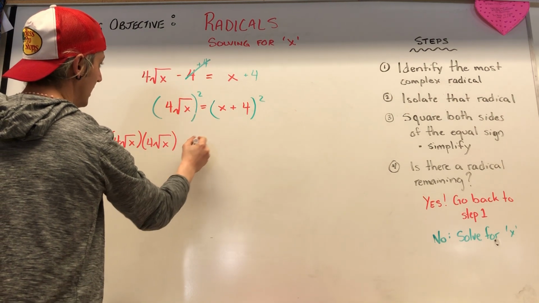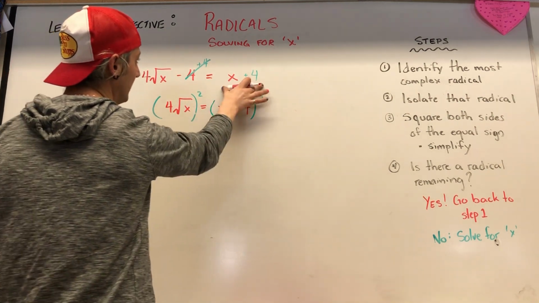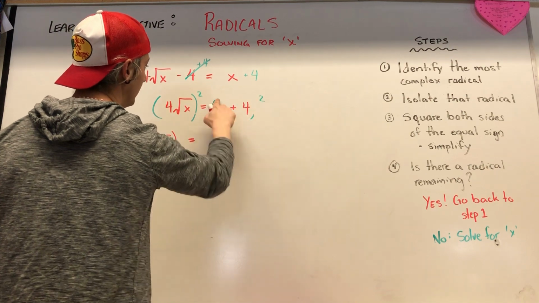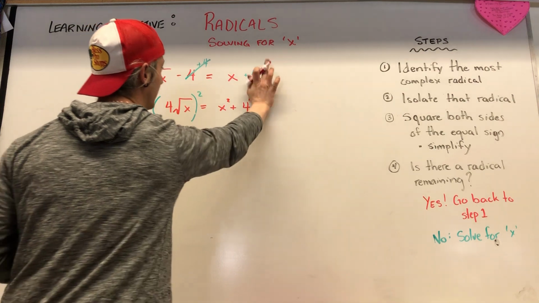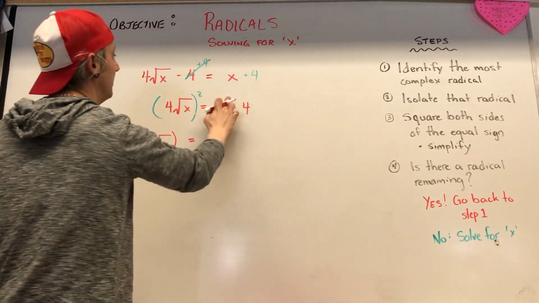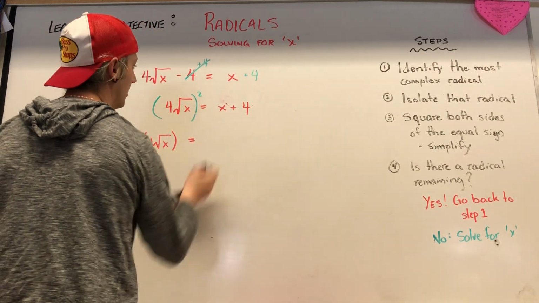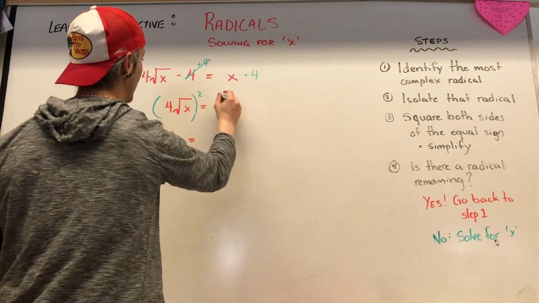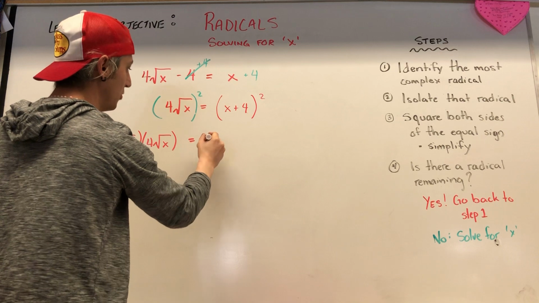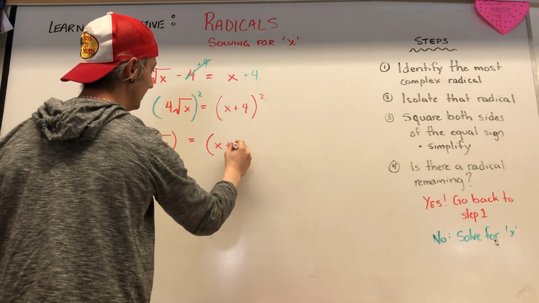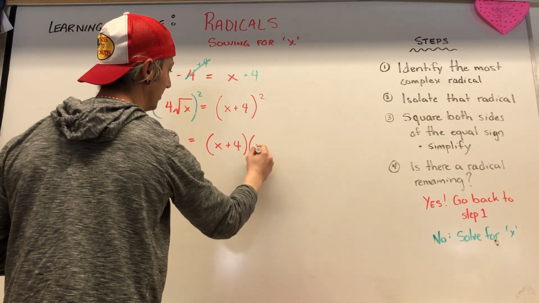That's the square. And then on this side, when I say square both sides, I don't come in and say, okay, I'm going to square the 4 and I'm going to square the x. No. I have to square the entire side. So that's why I'm going x plus 4, square the whole thing. And this is a binomial, so I have to multiply this as I would binomial multiplication.